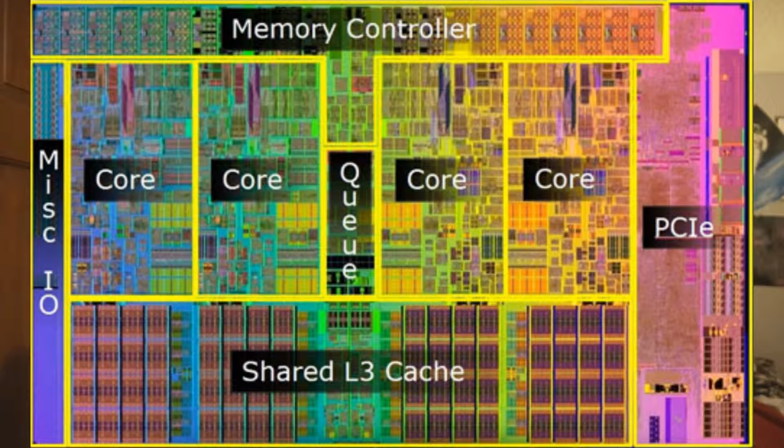So each core represents part of the CPU. Depending on how many cores, it shows how many things you can do. Pretty much it's just like multitasking. It helps with multitasking.